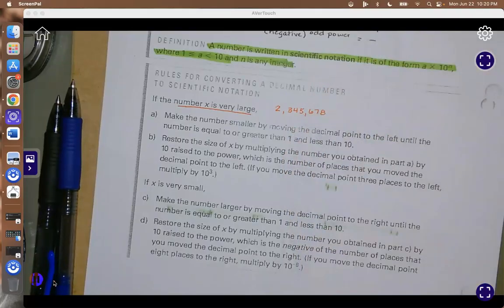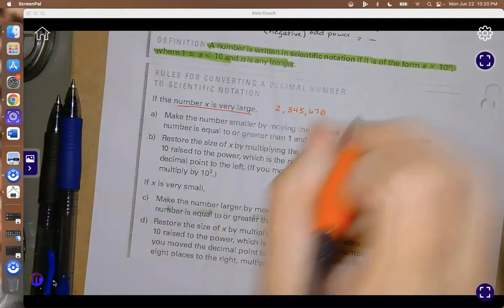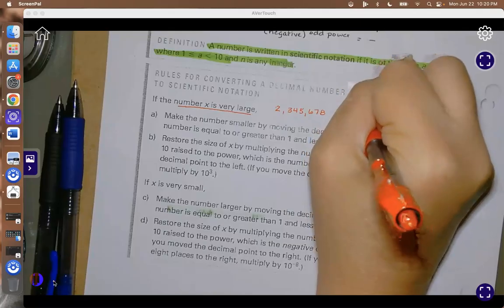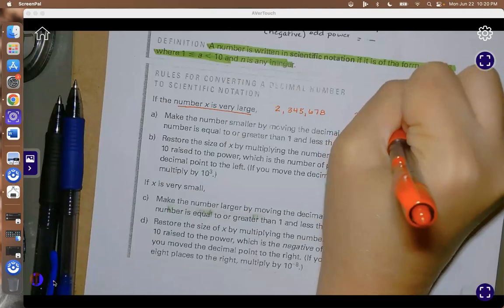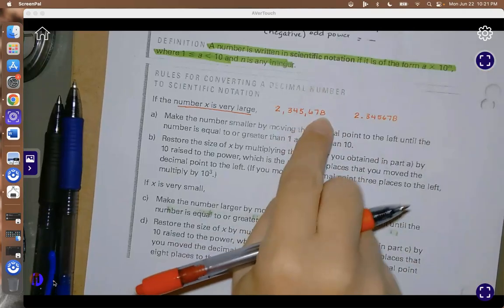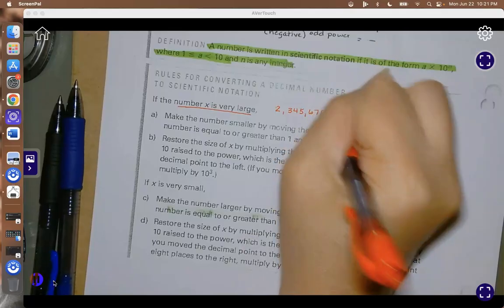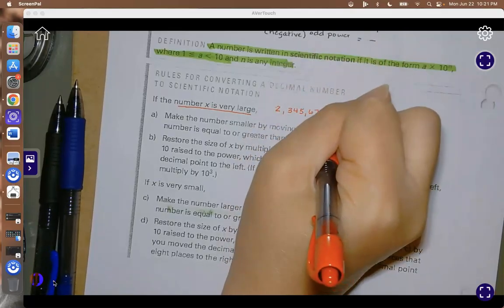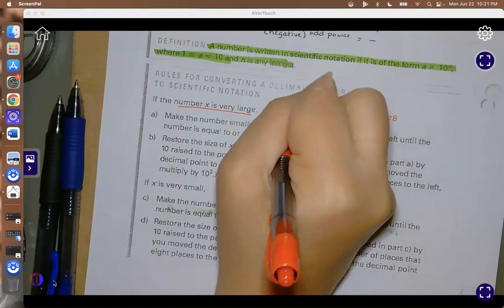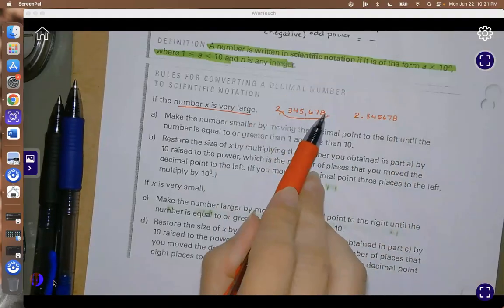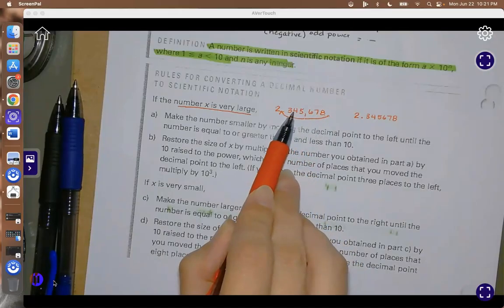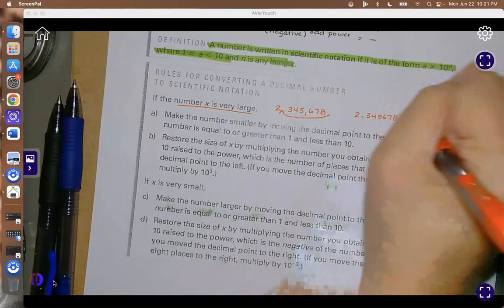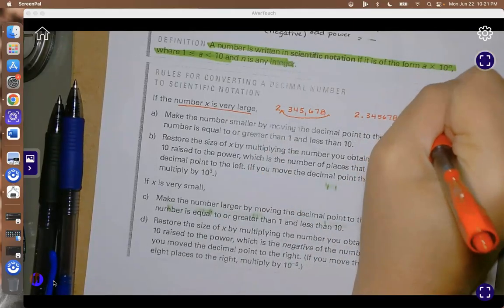Then what we're going to do is leave one number in front of the decimal point. You're going to put all the rest of the numbers behind the decimal point. Then you're going to count, because normally your decimal point's back here. So we need to figure out how many places we moved. We went 1, 2, 3, 4, 5, 6 places. So that's how we know what the exponent should be.